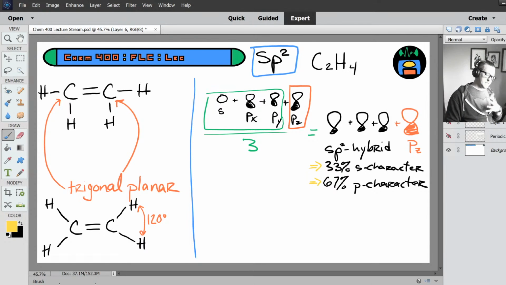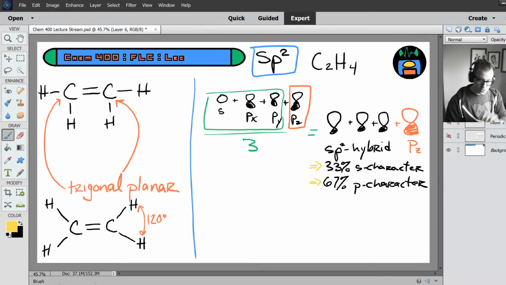So it's still largely p, but there is a greater amount of s character than in the sp3 hybrid orbitals. The physical difference, how they look, is pretty much the same. So you'll notice that my sp2 hybrid orbitals basically look like the sp3s, but if you were to be accurate, the circular bulge would be a little bit larger because they have more s character than the sp3 hybrids do.